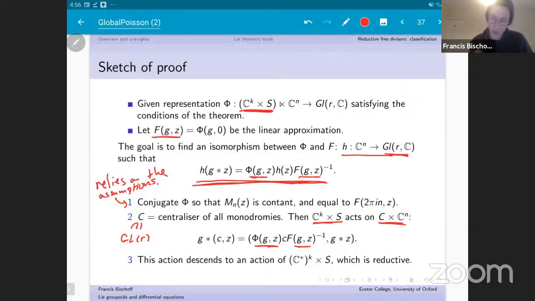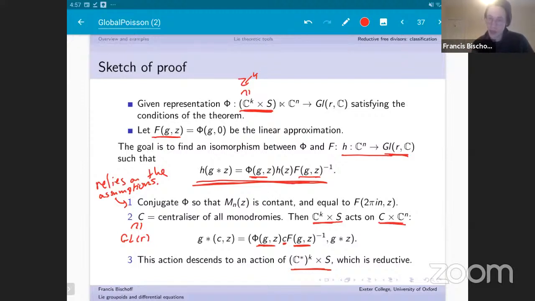And so now this is the key fact: because phi and f have the same monodromy, and C is in the centralizer of the monodromy, that means that the action of z^k acts trivially. And so that means that this action descends to an action of (C^*)^k times S. So now we have the action of a reductive group.